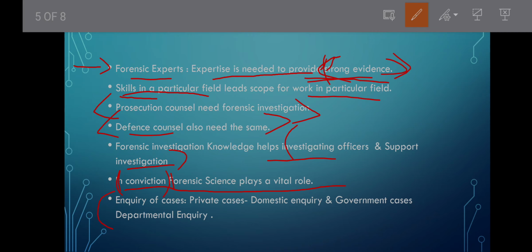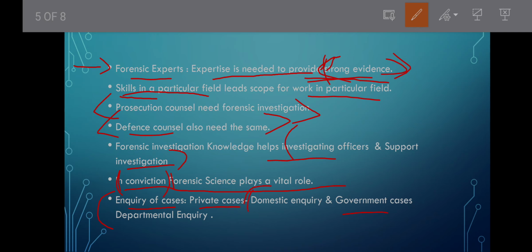Then we have inquiry of cases, like when something is stolen or missing in an organization, in corporate sectors, private agencies or companies.